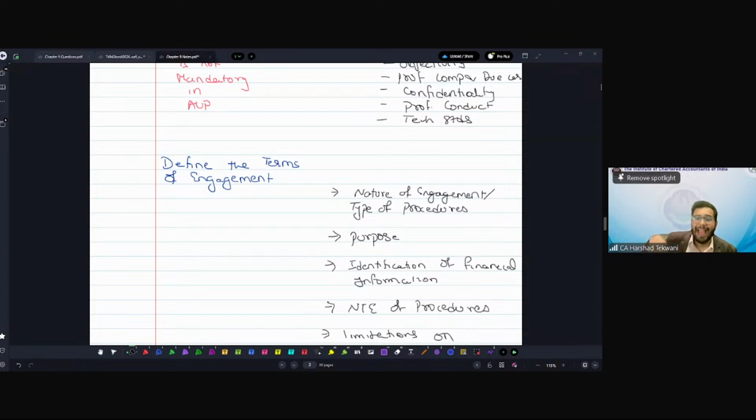Once this is accepted, once this is agreed with the respective person who is appointing us, once this is agreed with the concerned users, in that scenario, these procedures are known as agreed upon procedures, because now they are agreed as a part of my engagement letter.